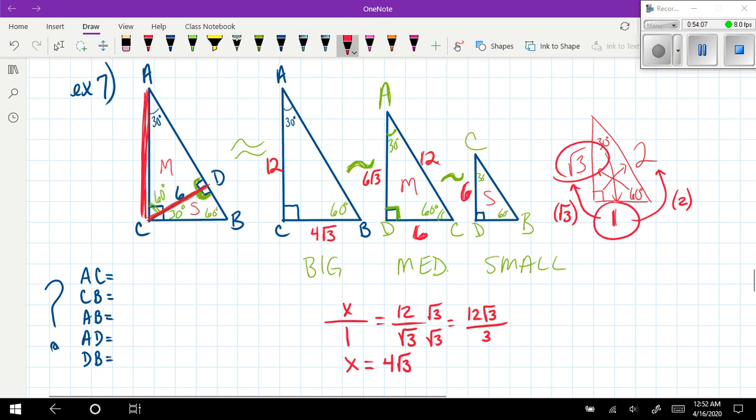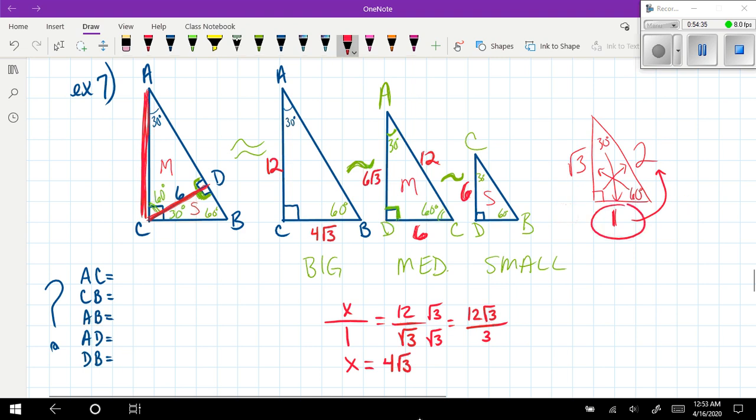Alrighty, what else do we need to know? If we know that this particular short leg is 4 root 3, can't I find this hypotenuse pretty quick? Please tell me yes. What do you do to go from a short leg to the hypotenuse?